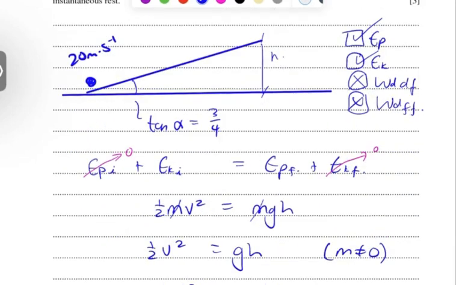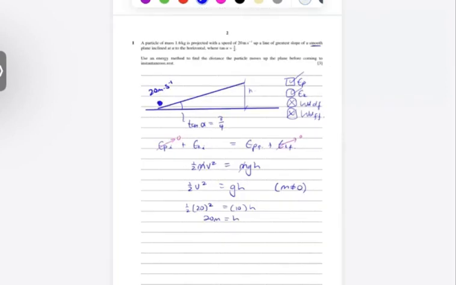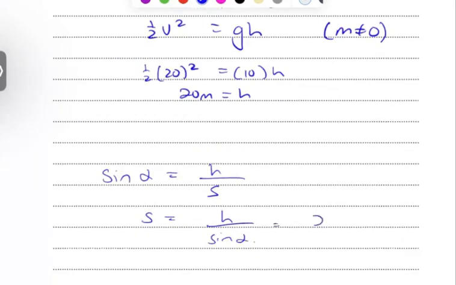So if I look in my triangle, because they want to know the distance the particle moves up the slope, my sine of alpha is h over my hypotenuse. So I want s, which is h divided by sine alpha. My h in this case is 20.